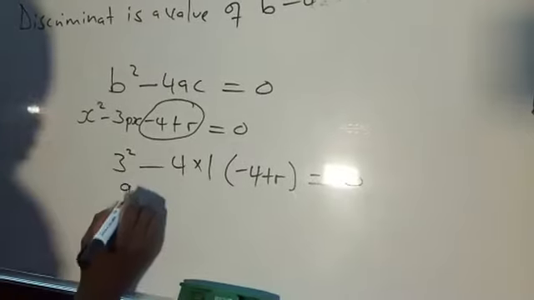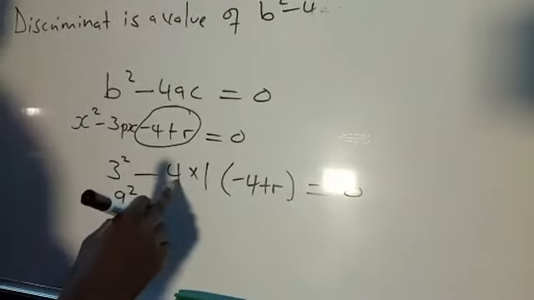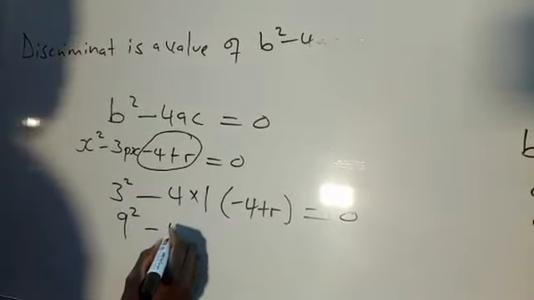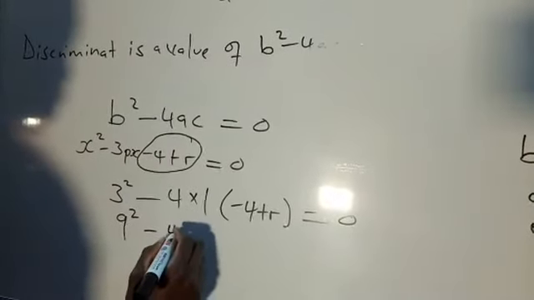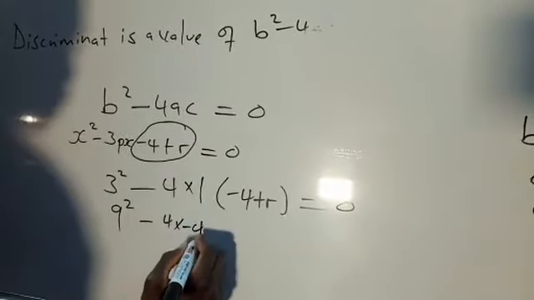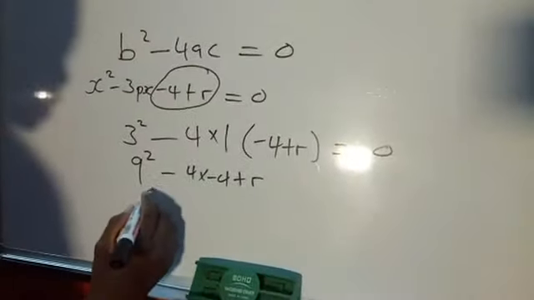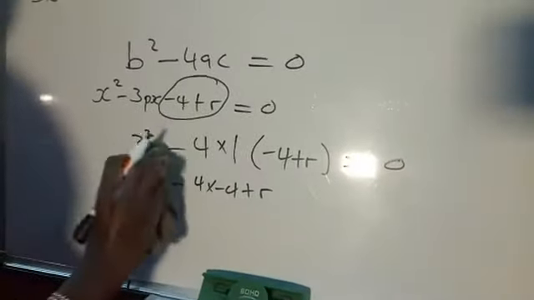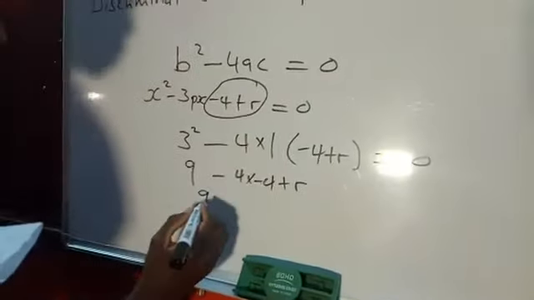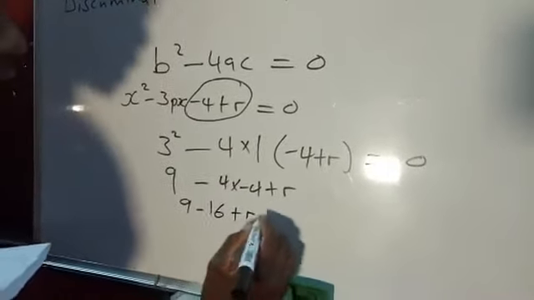Becoming 9 minus 4 times negative 4 plus r. Sorry, it's supposed to be 9 here, not 9 squared. Become 9 minus 16 plus r equal to 0.